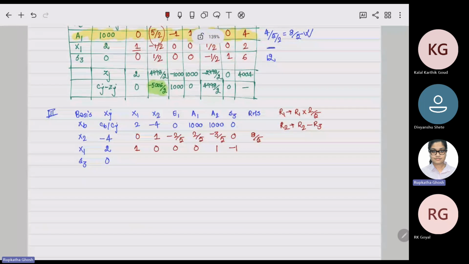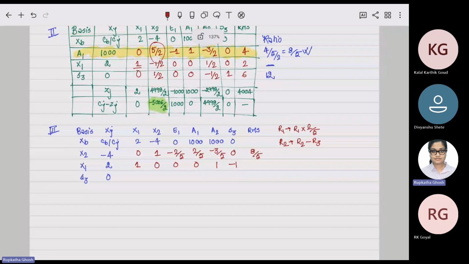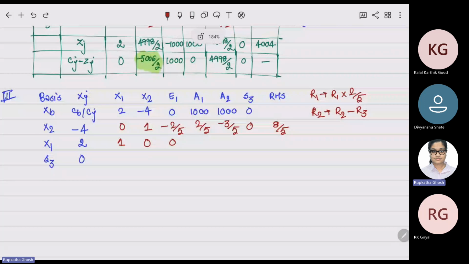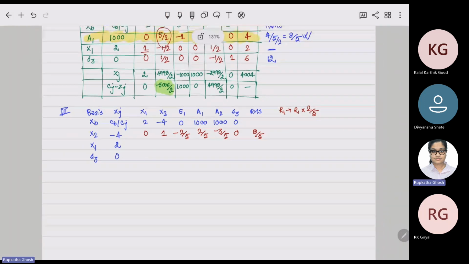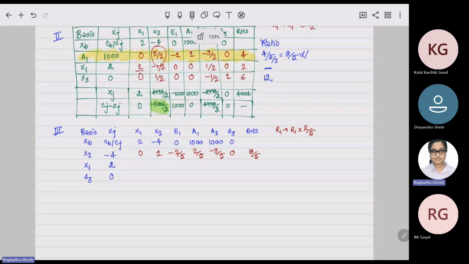No, no, no, I think I made a mistake. It cannot be independent of that. Yes, this can't be it. Okay, so now that this is 1, what we can do is, here it is this half, so this has to be 0 now.